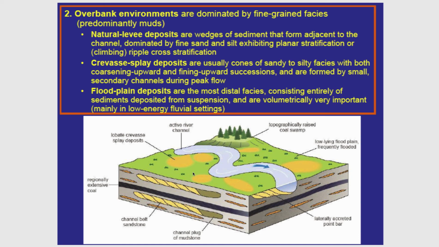So these crevasse splays and also floodplain deposits will be the most distal facies, and so they will be mostly represented by fractions that are relatively fine, both because of the transport that they incur and also the fact that they're dominated by sediment that is coming from the suspended load.